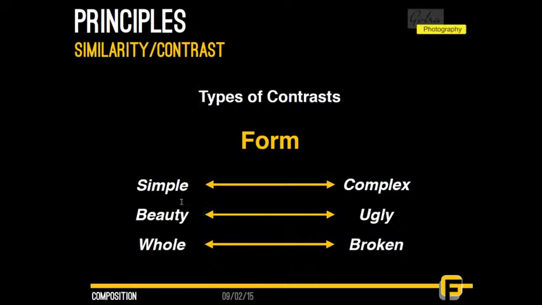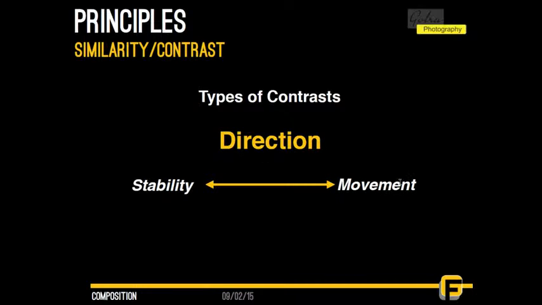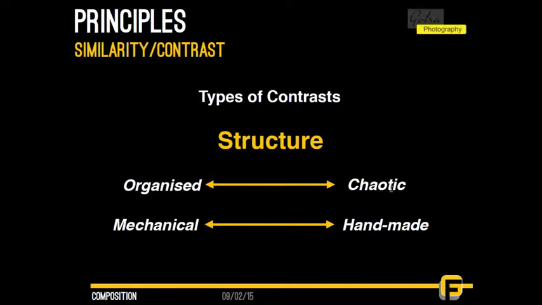Complex, so add something simple. If there is something ugly, add something beautiful. If there is something broken, add something complete. Direction: you can use movement and stability. Structure: you can make it chaotic, going left and right with bad directions, a lot of branches, or you can create an organized structure with a nicely well maintained form.